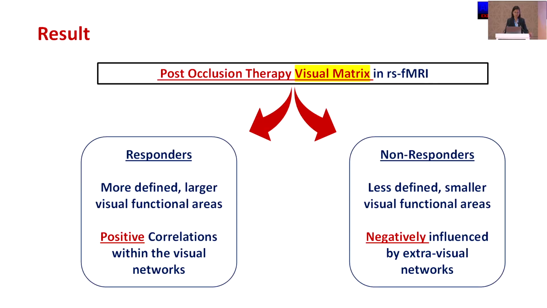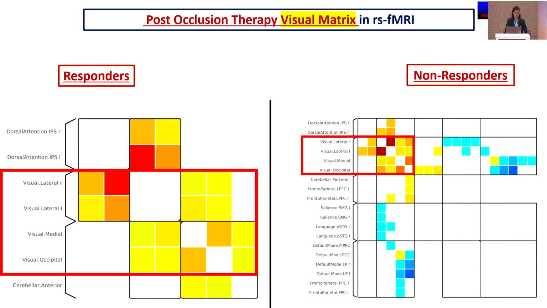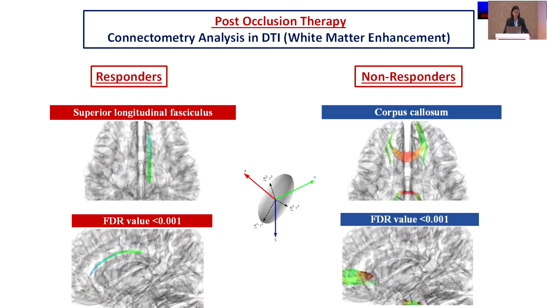On analyzing the visual metrics, you can appreciate more defined and larger visual functional areas in responders, whereas it is shrunken in non-responders, and it is negatively influenced by extravisual cortical networks. You can also appreciate well-organized visual network in responders, whereas it is disorganized in non-responders. On analyzing the connectometry, that is the white matter enhancement pattern, we found that the superior longitudinal fasciculus is more enhanced in responders and corpus callosum is more enhanced in non-responders.